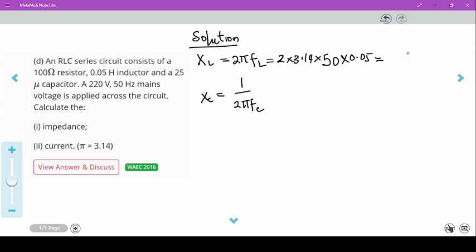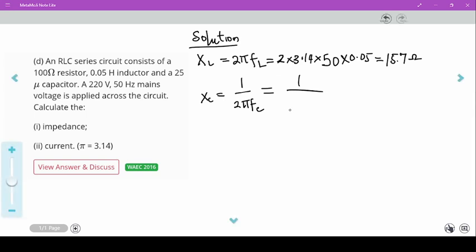That gives you about 15.7. So we have 15.7 here, and it becomes ohms. The moment inductance is changed into inductive reactance, it is now measured in ohms.